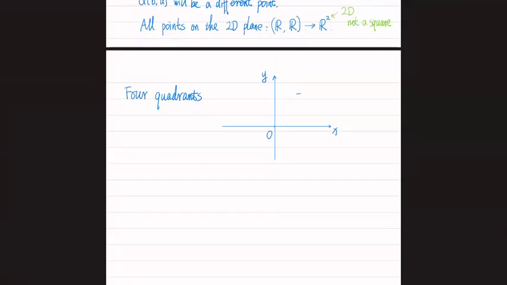This will be the first quadrant, second quadrant, third, and the fourth quadrant.